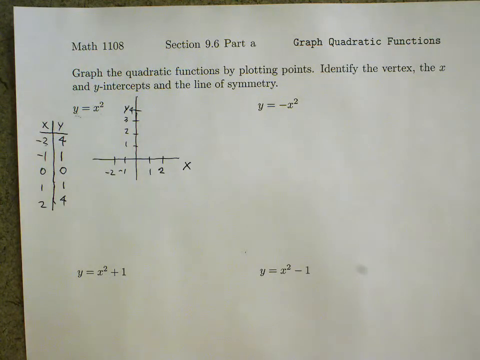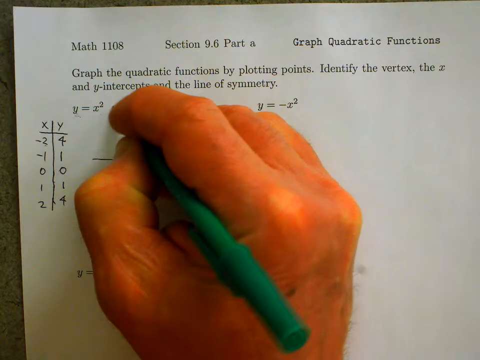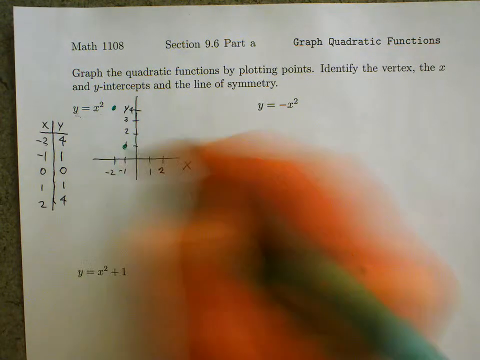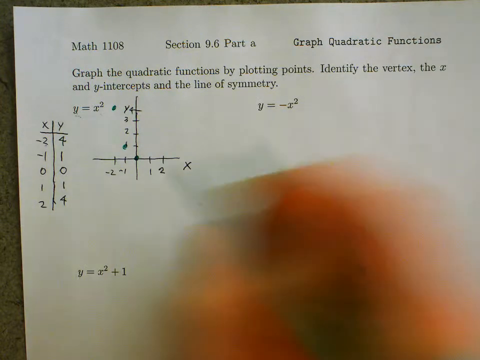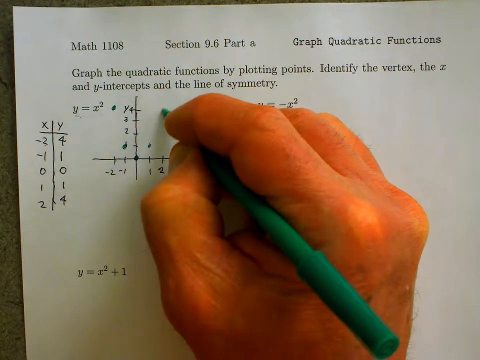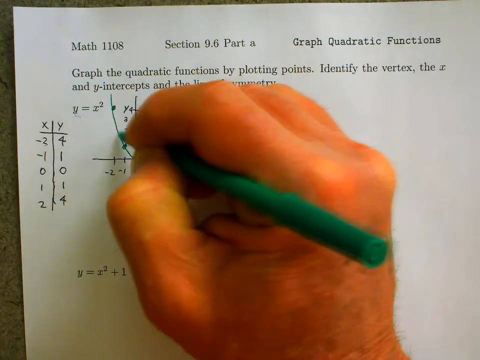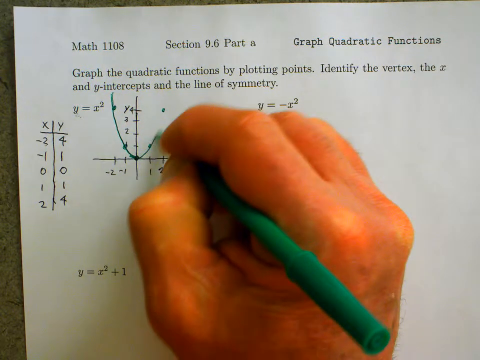If we plot the points, -2, 4 is up here, -1, 1 is about there, 0, 0 is right there, 1, 1 is here, and 2, 4. So remember that there's curvature in the parabola, so the parabola looks something like this.